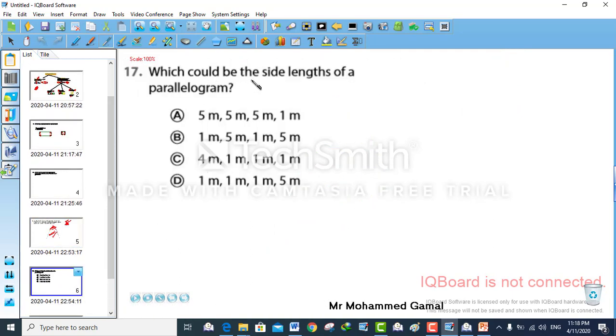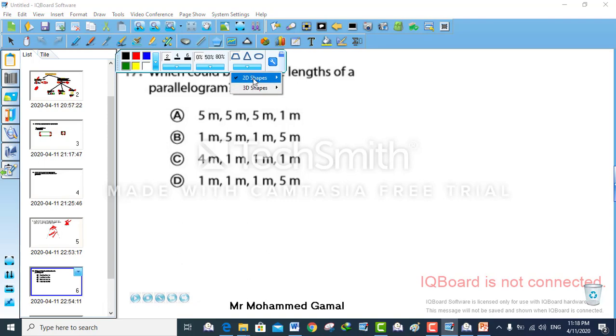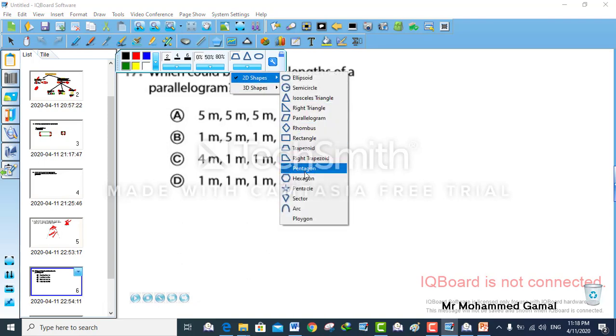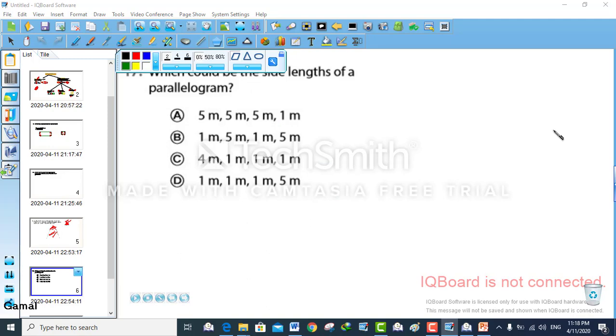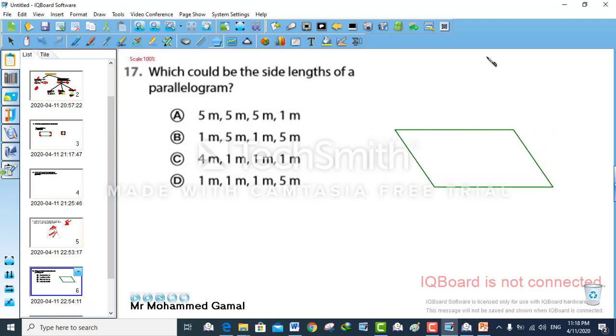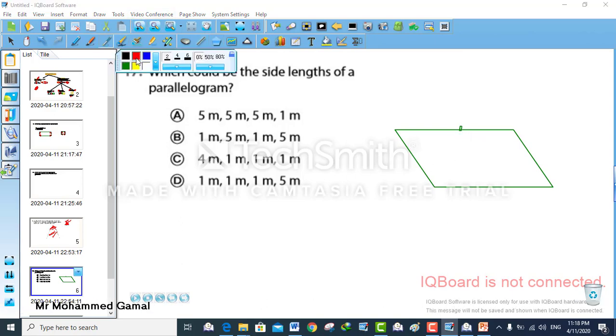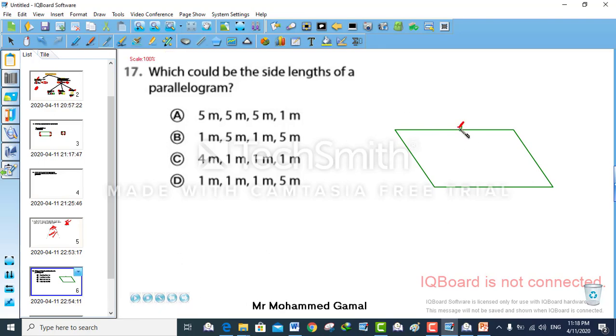Next question here, which could be the side length of a parallelogram? As you see, we can draw here a parallelogram. Yes, 2D shapes, parallelogram. In the parallelogram, we know that we have two pairs of parallel lines. Let's take red color. Parallel, and this one as well should be parallel. Not only parallel, guys, it should also be equal in length.